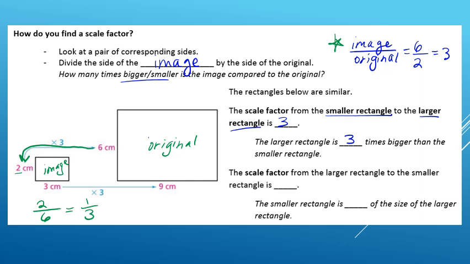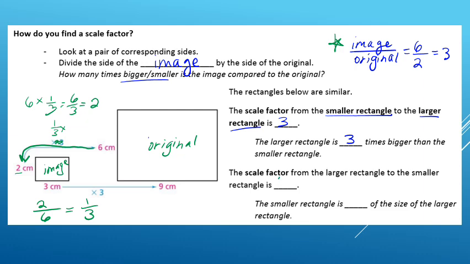So what that means is that 6 times 1/3 would give me 6 over 3, which would give me 2. So before I had 2 times 3 makes 6, but if I'm going the other way, 6 times 1/3 would make 2.